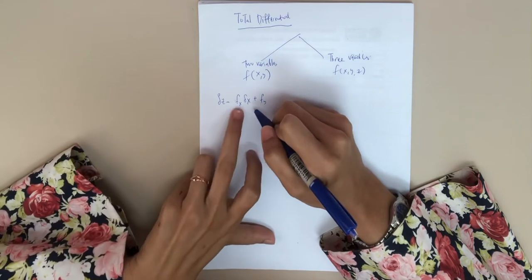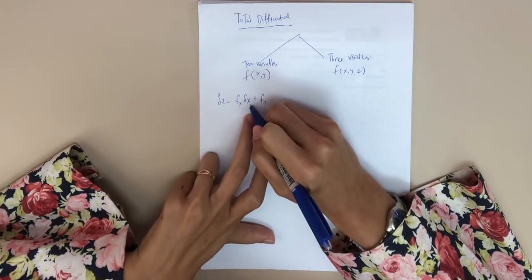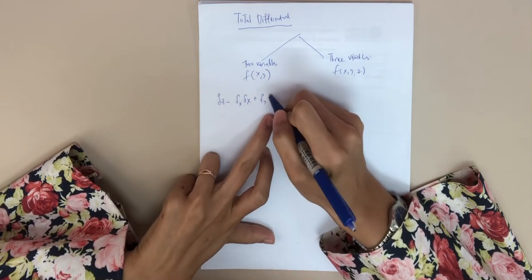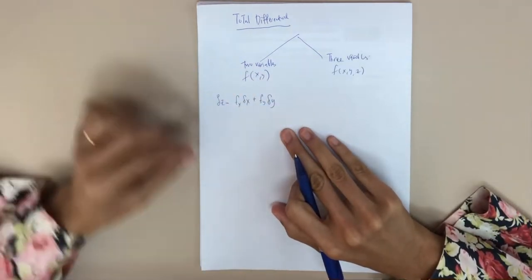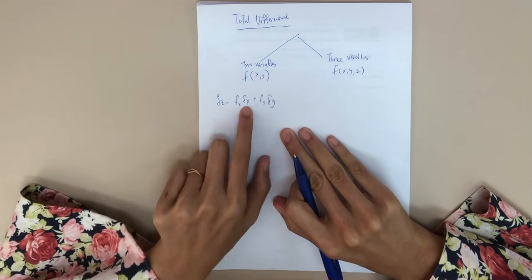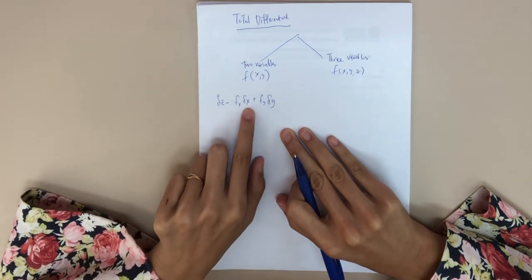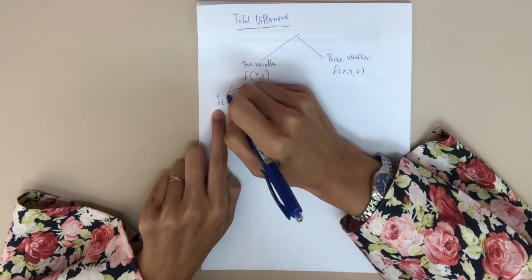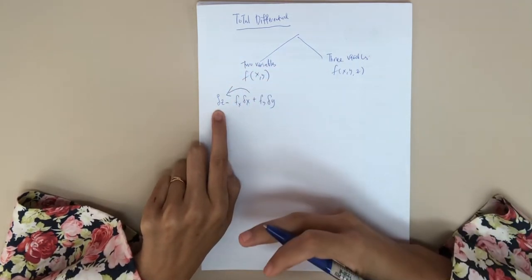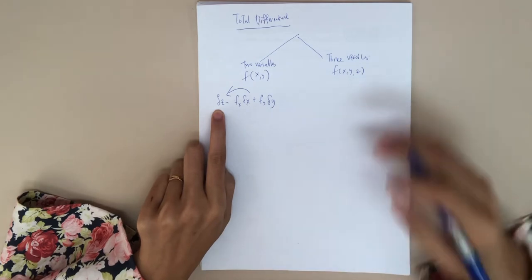So fx dx, or change of x, plus fy times dy. This is what I mean: if there is a change of x and also a change of y, it will affect the change of z. That is the meaning of total differential.